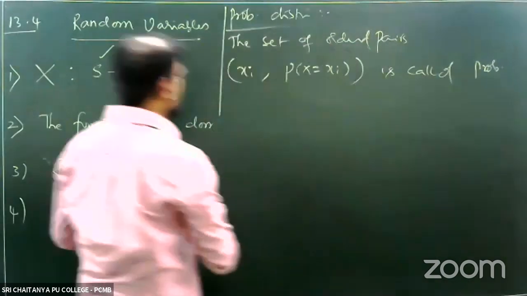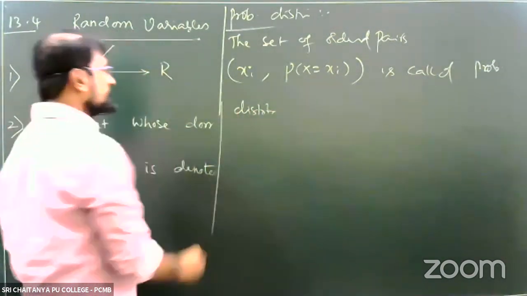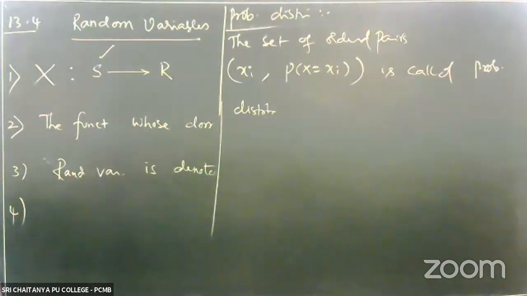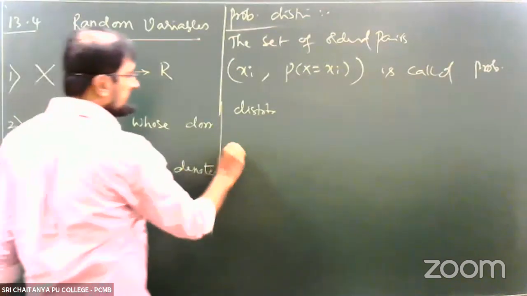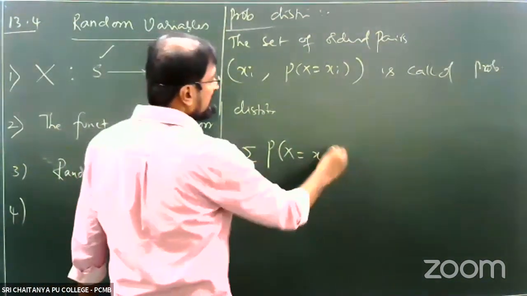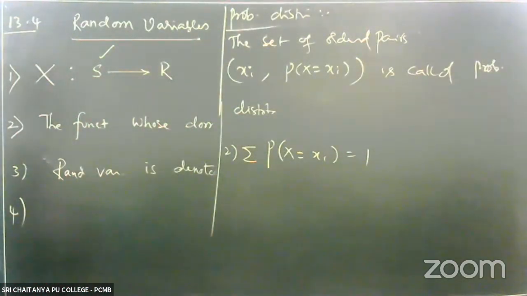Next one, second point: sigma P of X equals xi is equal to 1. That means the sum of probabilities is equal to 1.